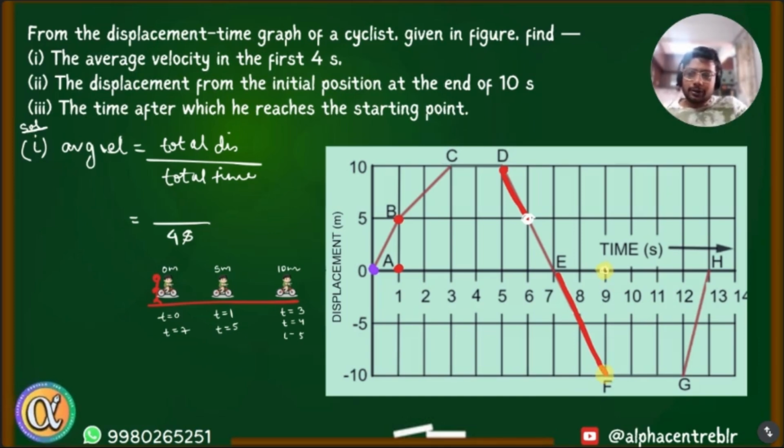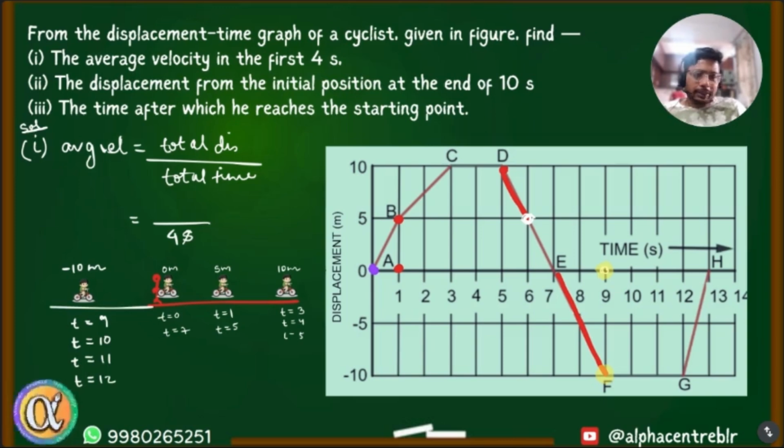So the cyclist reaches somewhere here at t equals 9 seconds. This distance is minus 10 meters. Clear? At t equals 10, 11, and 12, it waits there at that position. Clear? And then at t equals 13, it returns back to the mean position, the starting position.